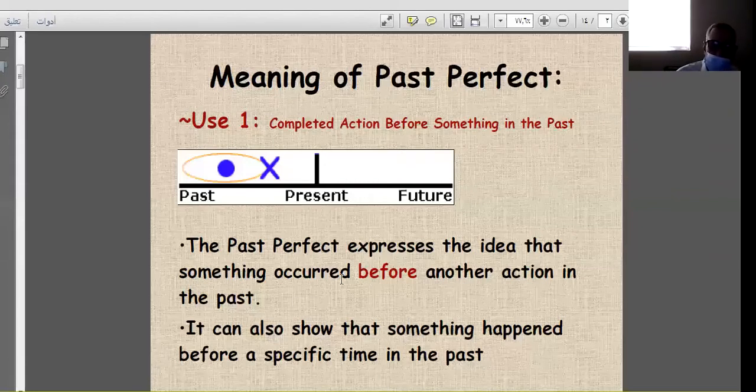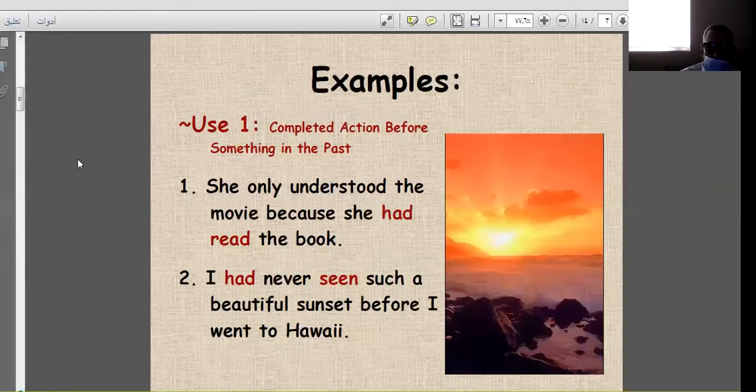The past perfect expresses the idea that something occurred before another action in the past. It can also show that something happened before a specific time in the past. Of course, we will have more about this. Examples. She only understood the movie because she had read the book.